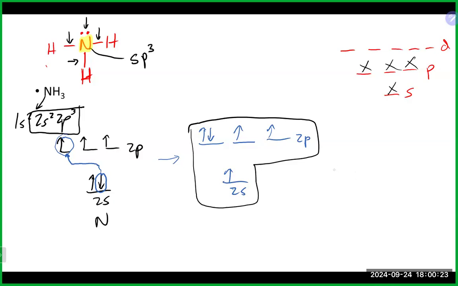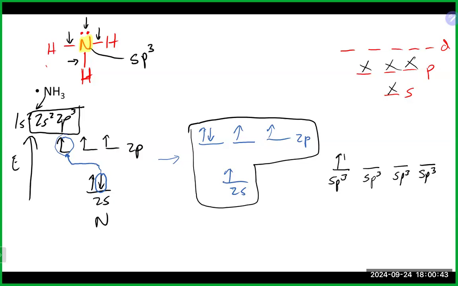That will now give me 4 sp3 hybrid orbitals that are all equal in terms of their energy. I guess I can put energy this way.